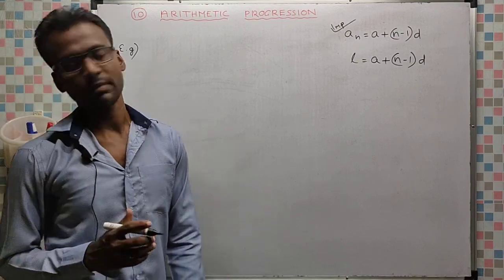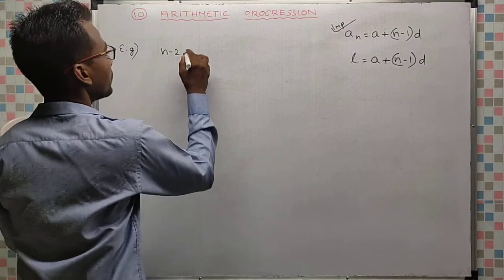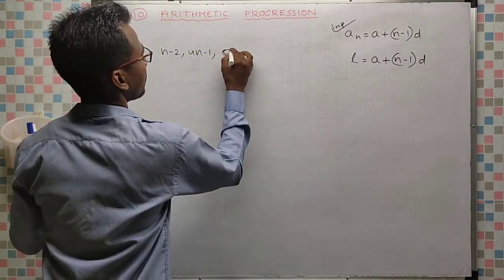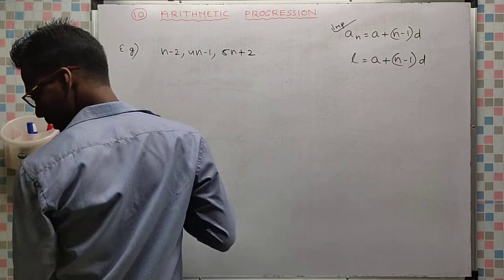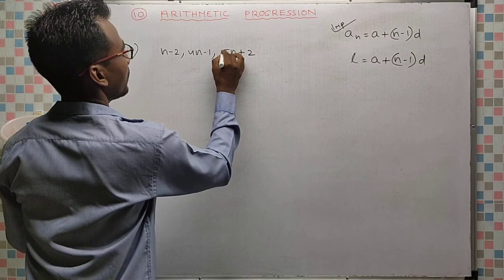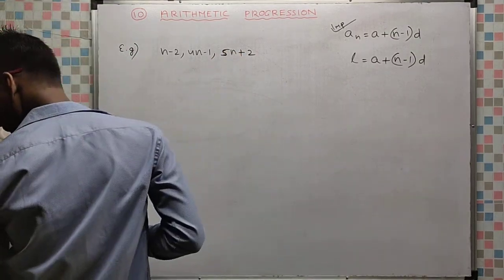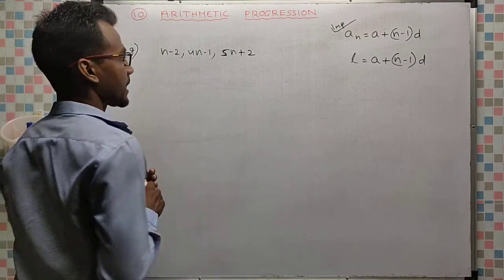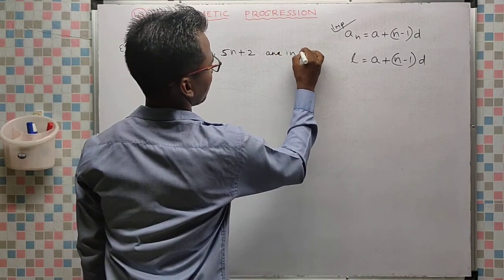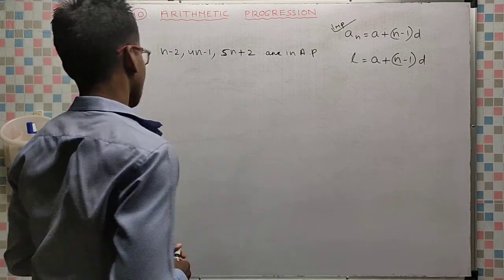If the numbers n minus 2, 4n minus 1, and 5n plus 2 are in AP, we have been asked to find the value of n.